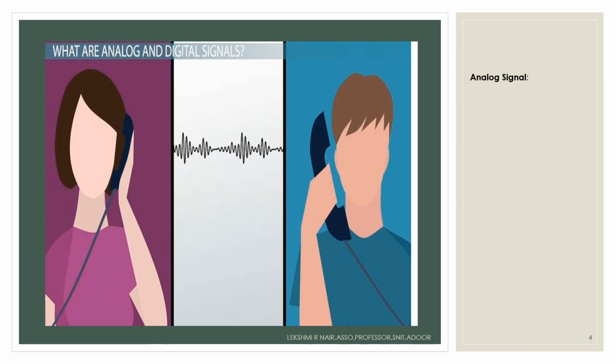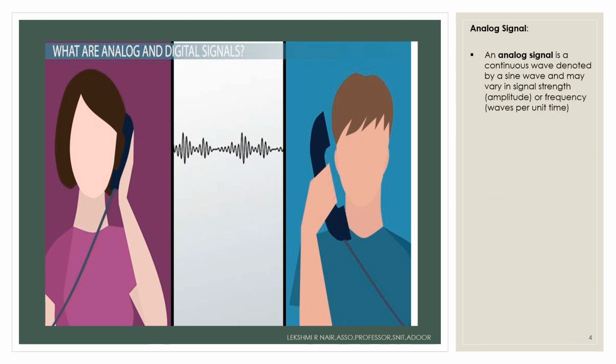Now, let's look at the definition of an analog signal. The analog signal is a continuous wave denoted by a sine wave and it may vary in signal strength or frequency. Its amplitude and frequency will vary accordingly. But a digital signal is not a continuous signal.